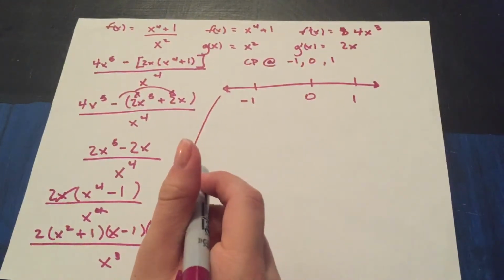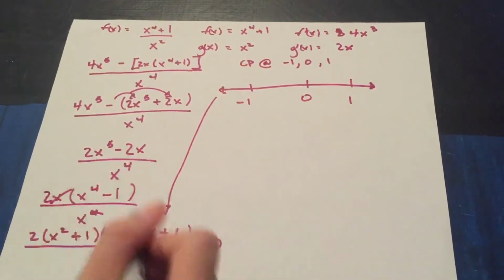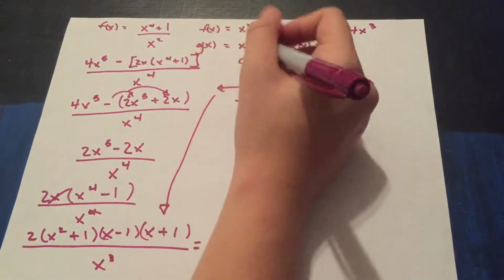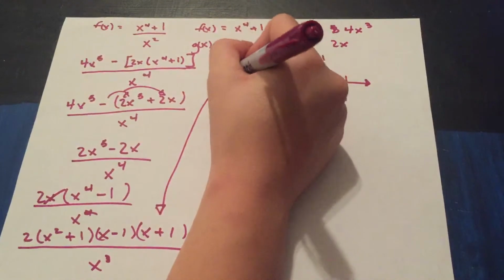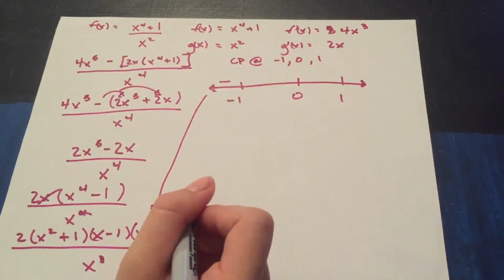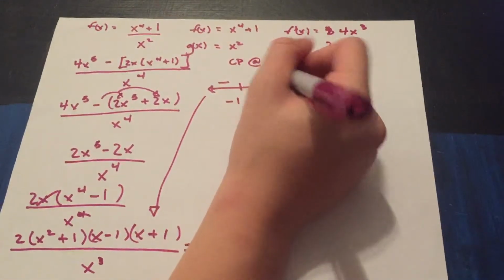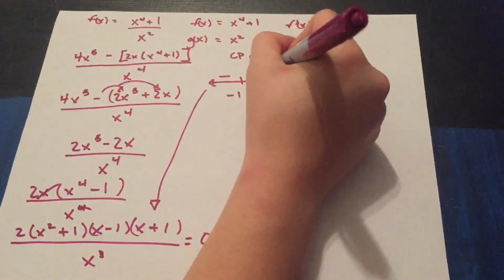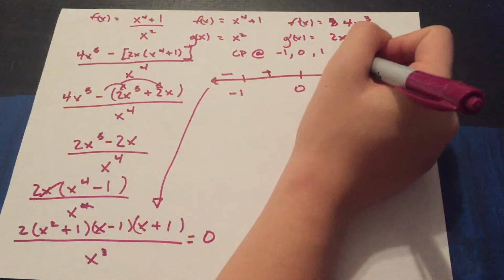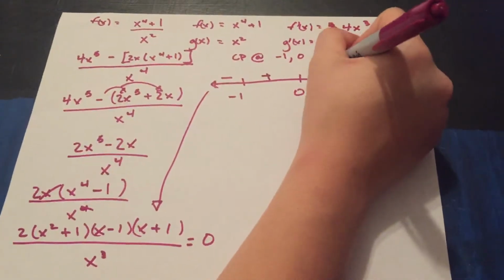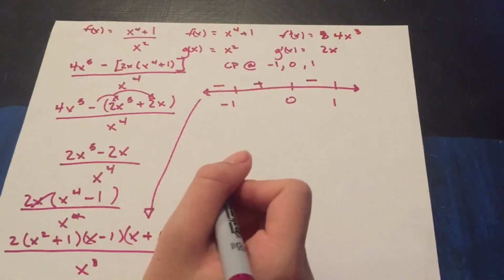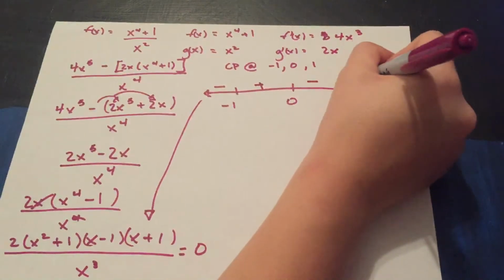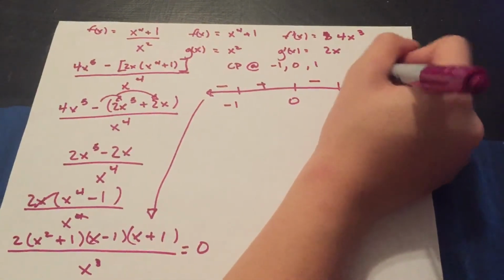When we use -2, we're just going to pretend we plugged it all in, we're going to get a negative number. That's decreasing. Now, if we plug in, say, -1/2 here, it's going to be increasing. Something between 0 and 1, like 1/2, again, it's going to be decreasing. And then if we plug in 2, it's going to be increasing.